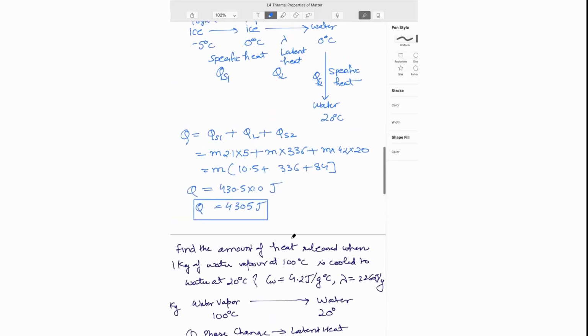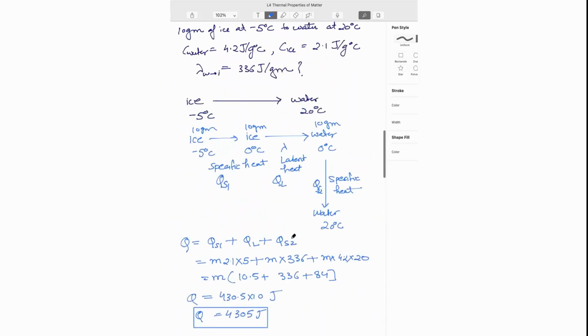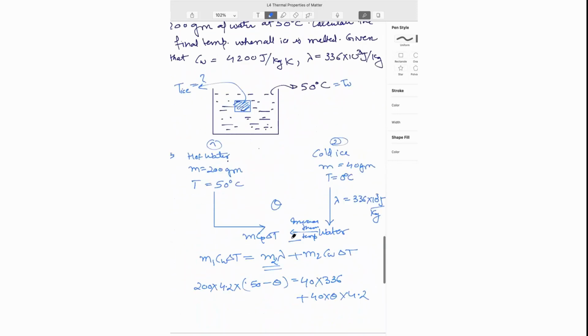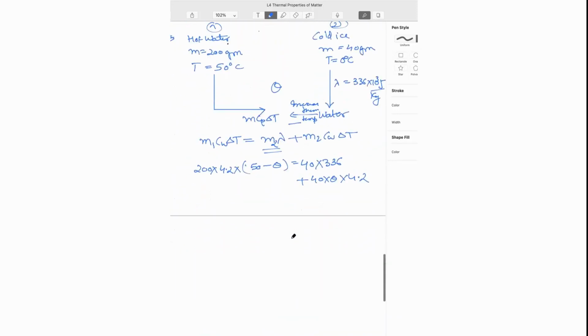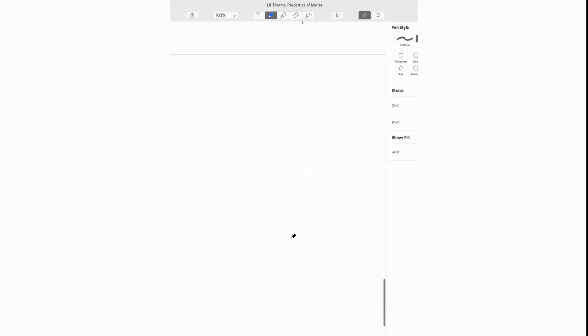I think I have shown you all three kinds of questions that cover most of the concepts. Now I will start another topic, that is mode of heat transfer.